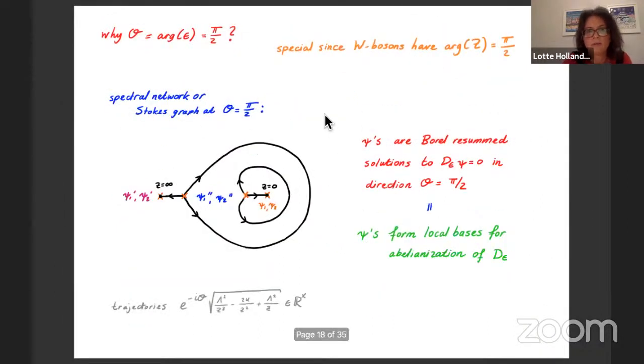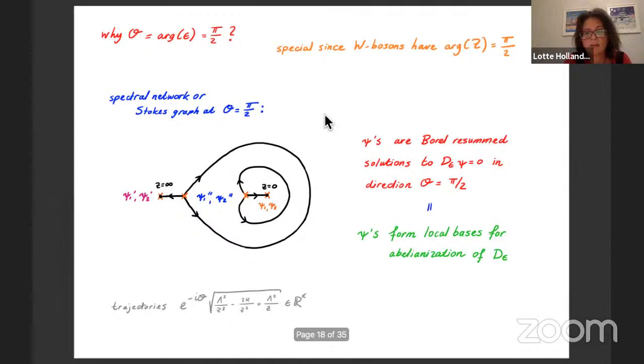Right. So why is this phase theta equal to pi over 2 in the story? Why is it so important? Again, there is in this case a particle in the theory, namely the W bosons, which exactly have this as their argument of their central charge.